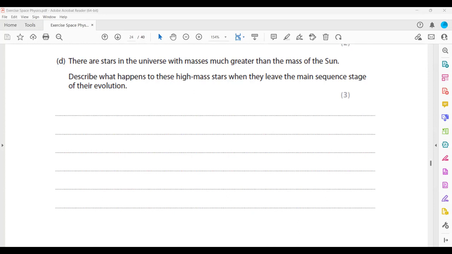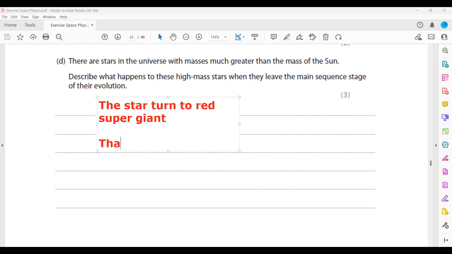So the points which will score the marks: first thing, after the main sequence, the star will change to a red supergiant, or you can say supergiant. Then after the supergiant, there will be a supernova.